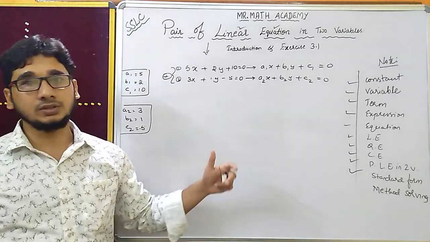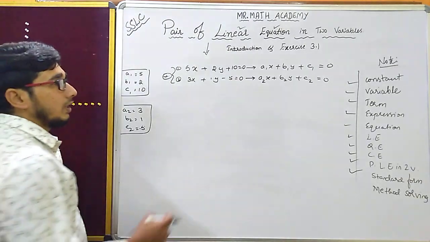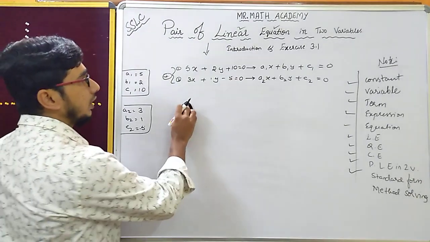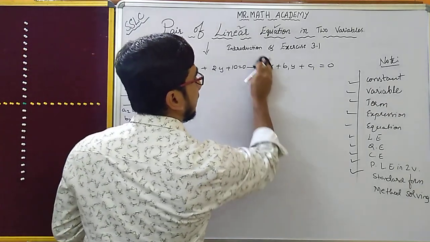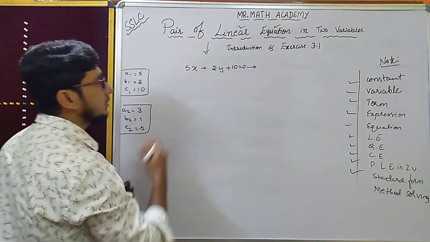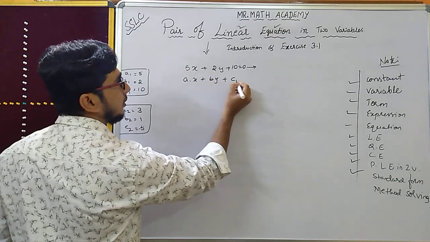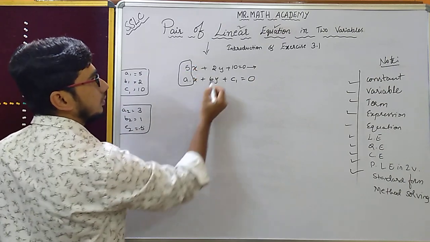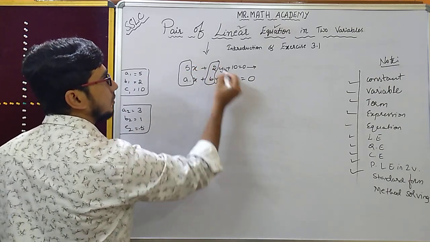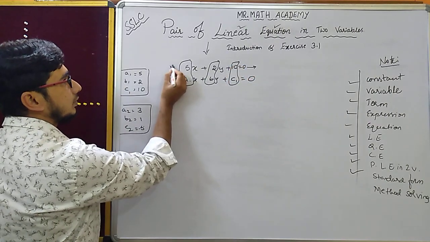To check consistent, inconsistent and all, we can easily solve. Take it as a1x plus b1y plus c1 is equal to 0. See, b is 2. This is one equation.